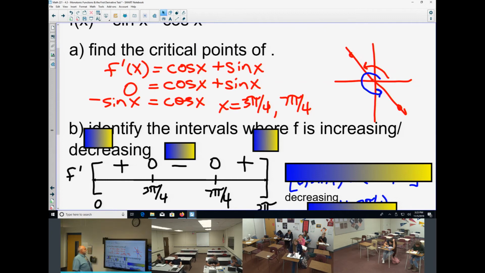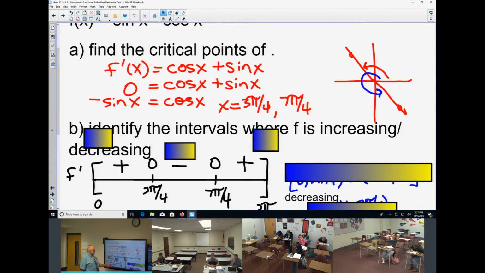All right, so now, based on that, where is the function increasing? Where is it decreasing? It's increasing from 0 to 3 pi fourths, and from 7 pi fourths to 2 pi, and then it's decreasing from 3 pi fourths to 7 pi fourths.